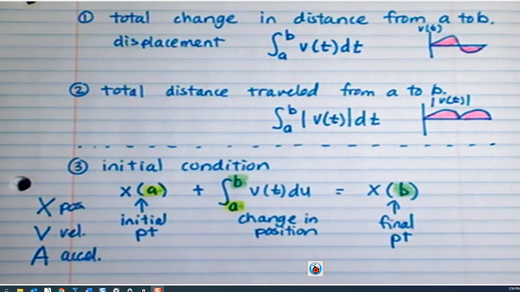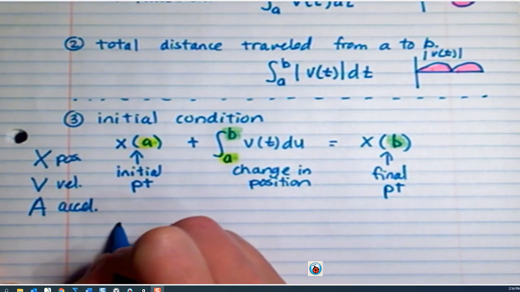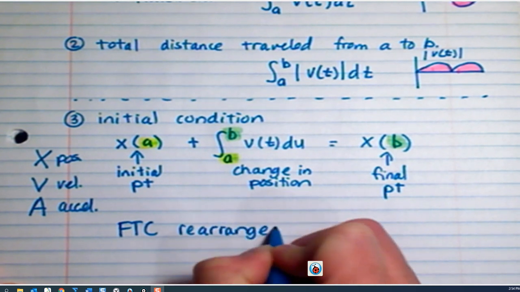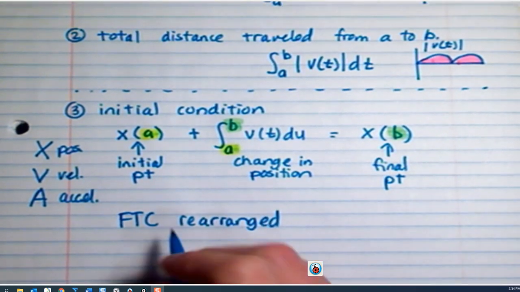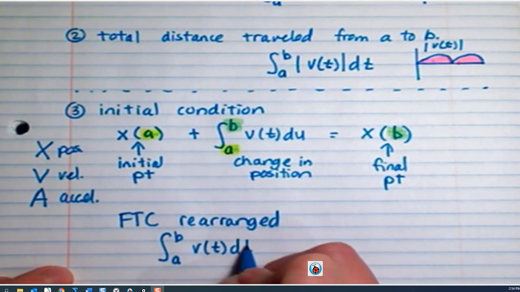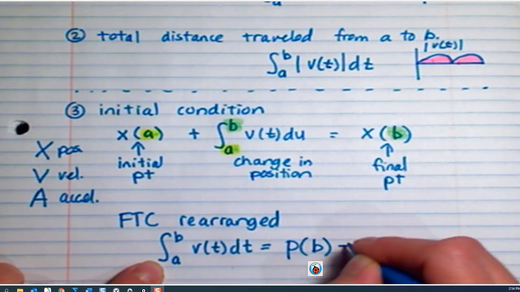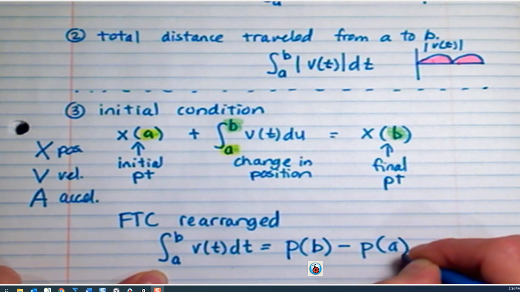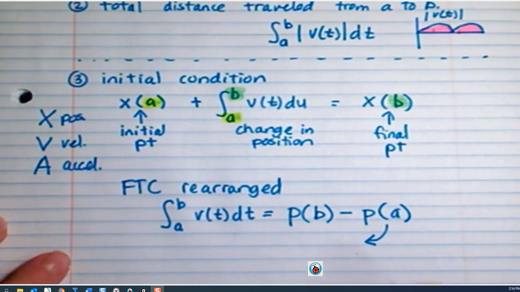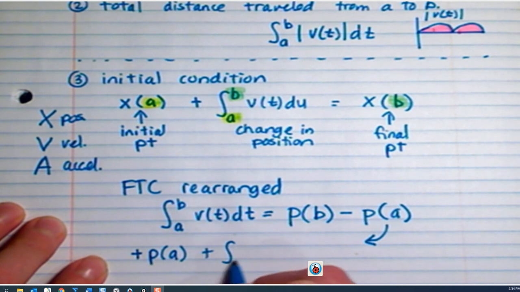There you go. Now, this is not a new formula. This is the fundamental theorem rearranged. Yeah, it is. Watch this. So fancy. A to B, V of t dt equals the antiderivative of B minus the antiderivative of A. This initial position piece is just added to the other side.